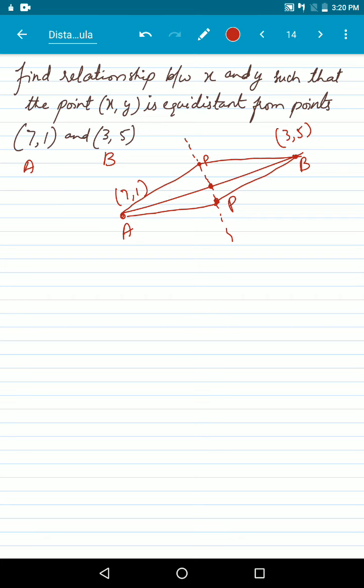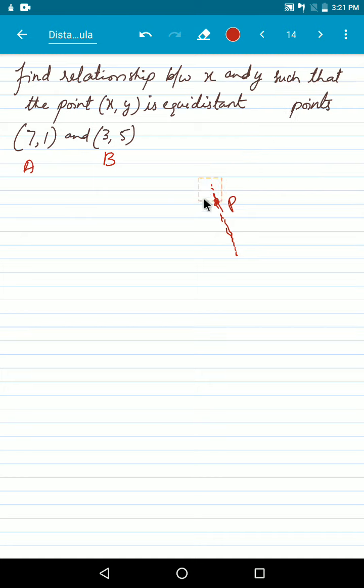So what will be that relationship? It will actually be a straight line, because the points lying on this line will be equidistant from these two points. Let me just rub this and draw it again.